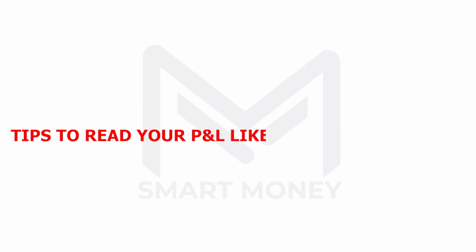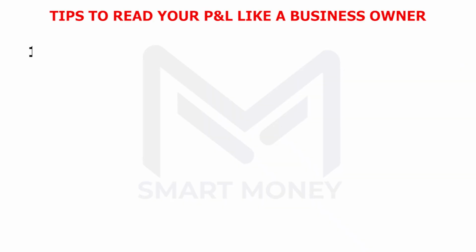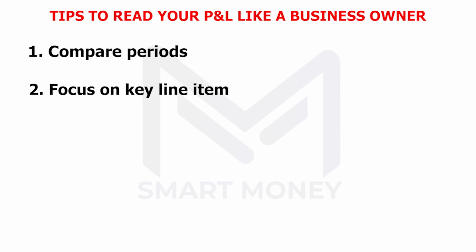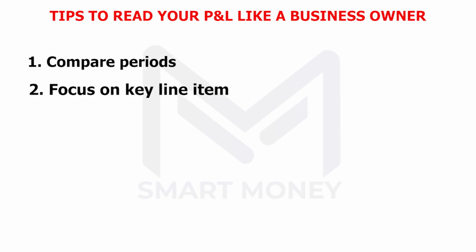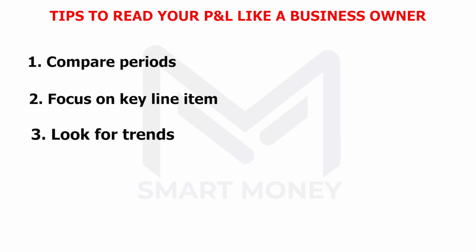Let's have a look at some tips to read your P&L like a business owner. 1. Compare periods. Compare month to month or year to year. 2. Focus on the key line items. Don't get lost in minor details. 3. Look for trends.